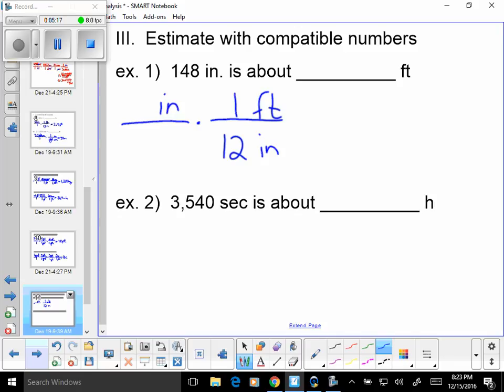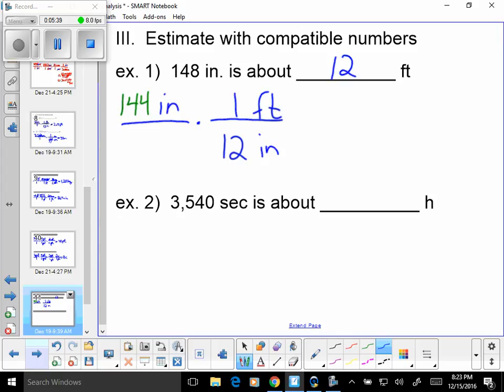I need to think of a number that is a multiple of 12 that's really close to 148. And if you recall from your multiplication facts, 144 is 12 times 12. So my estimate here is going to be about 12.